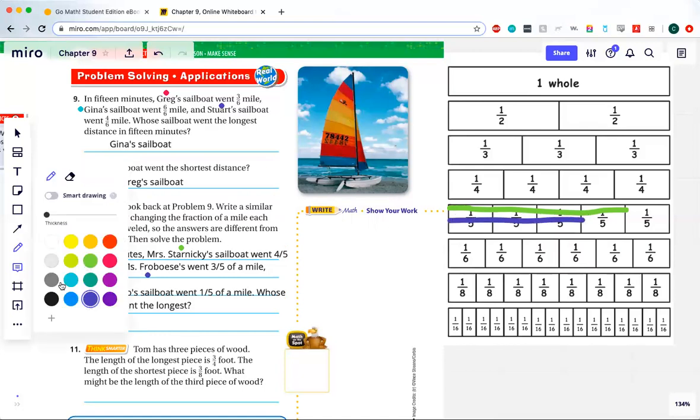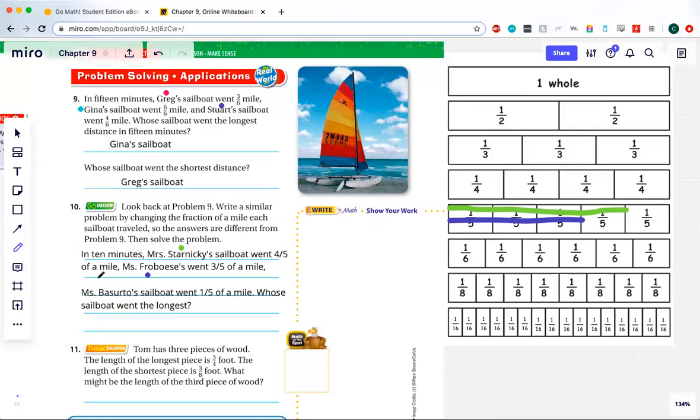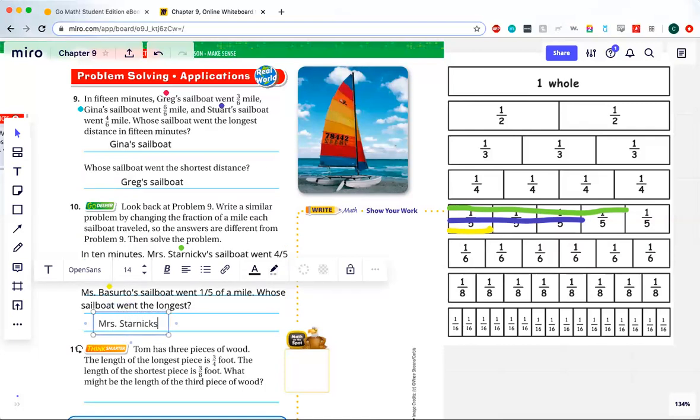And Miss Basurdo, let's say that her favorite color is yellow. She went 1/5. So who went the longest? Remember that we could just look at the top number because all of our denominators are the same, or we can color it in on our fraction strips if that helps us. So looking at it, we see that green went the farthest, so Miss Starnicky's sailboat went the longest.